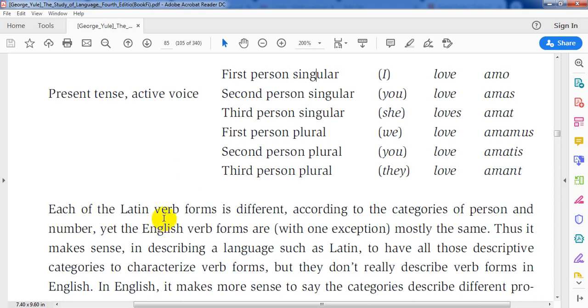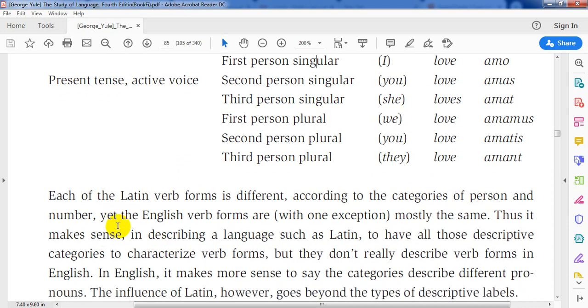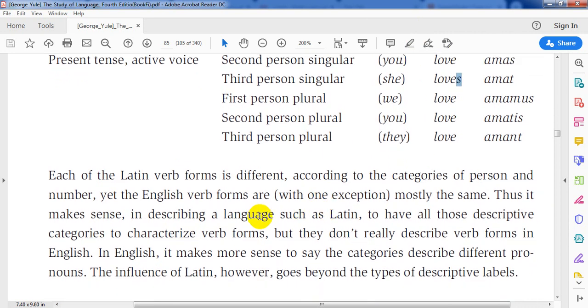Each of the Latin verb forms is different according to the categories of person and number. Yet in English it is the same, except this. It makes sense in describing a language such as Latin to have all those descriptive categories to characterize verb forms, but they don't really describe verb forms in English.